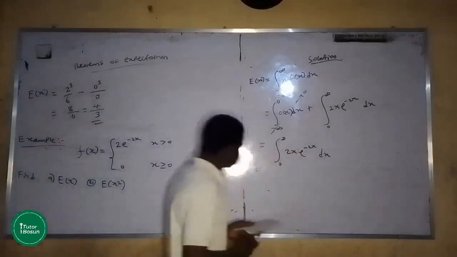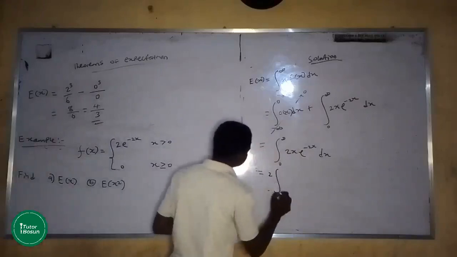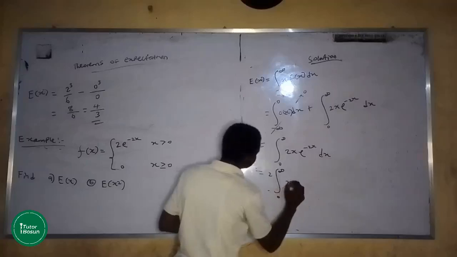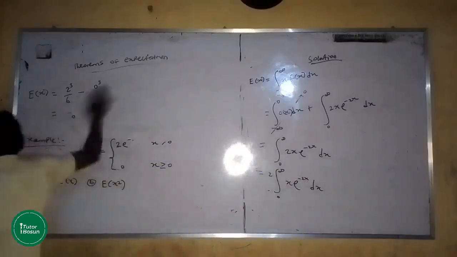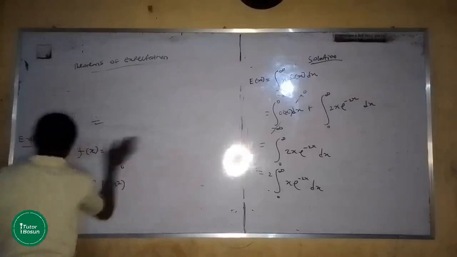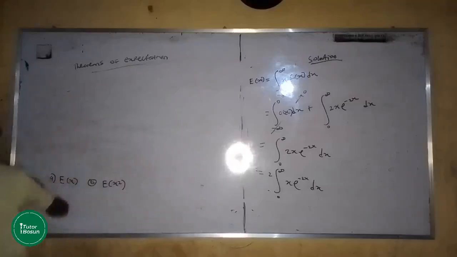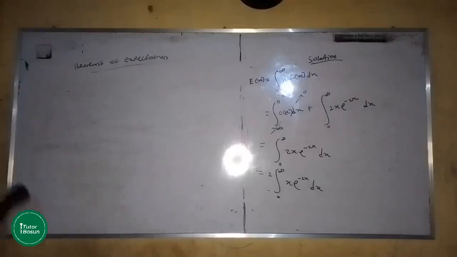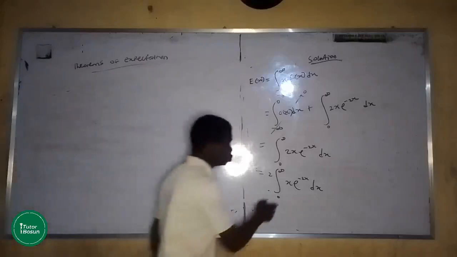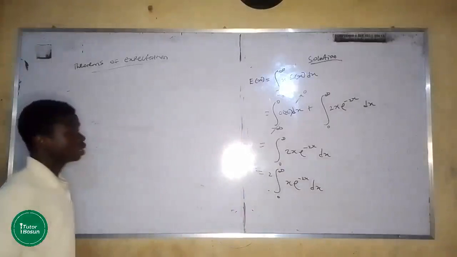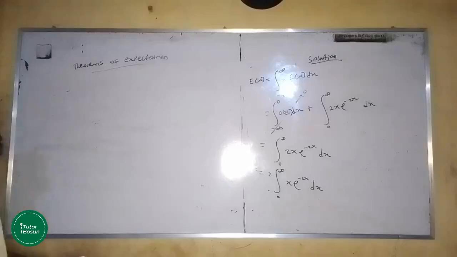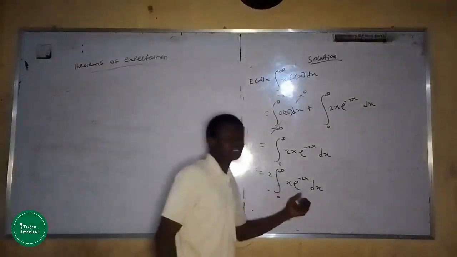So you can bring out 2, the constant: 2 times the integral from 0 to infinity of x exponential minus 2x dx. We are going to be solving this with integration by parts, since we have two functions multiplying each other.